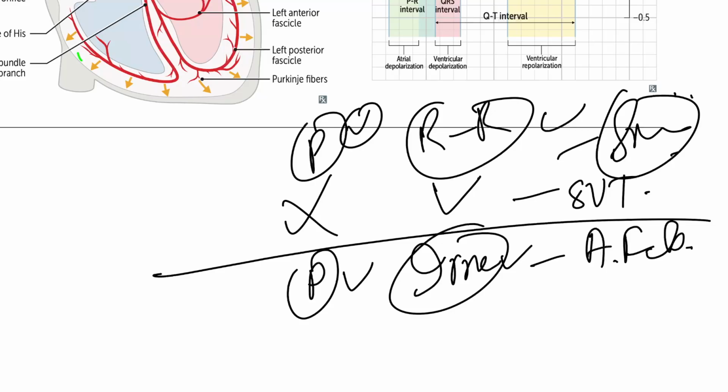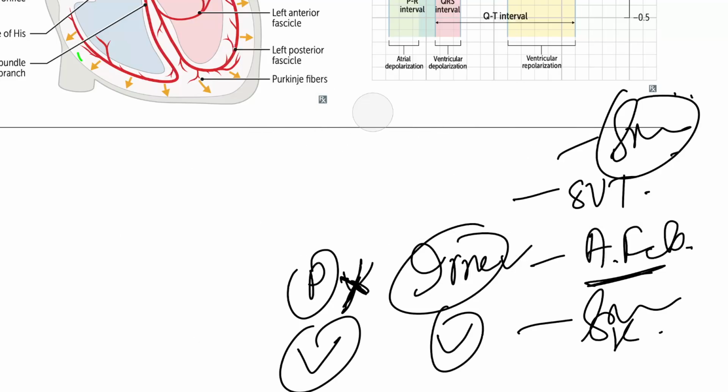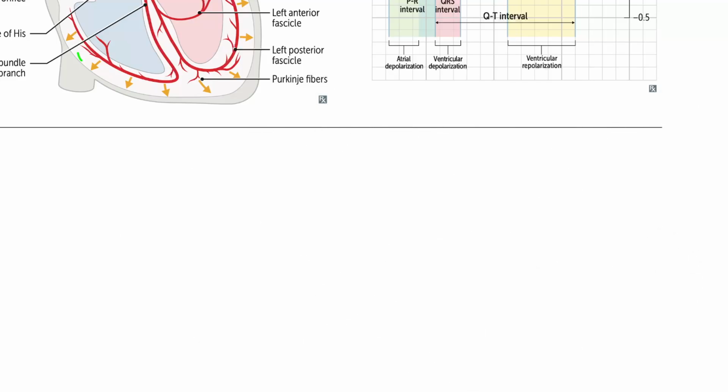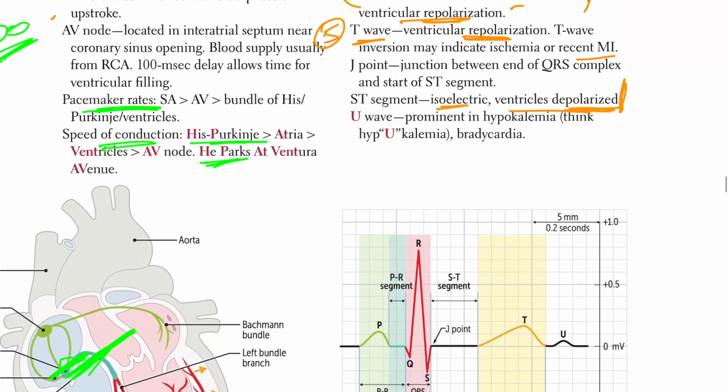But if you do have a P wave and you have an irregular rhythm, that is going to be seen in your multifocal atrial tachycardia with sinus rhythm. Okay, this was just a little extra, not that important, but you will see that in the next high yield points.